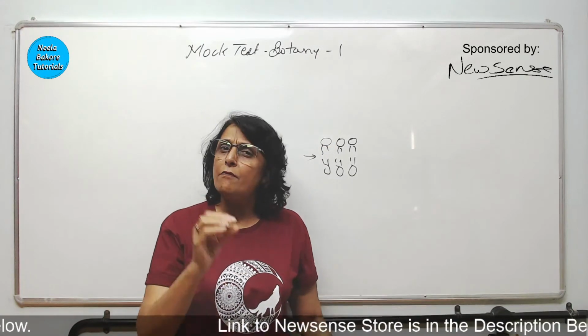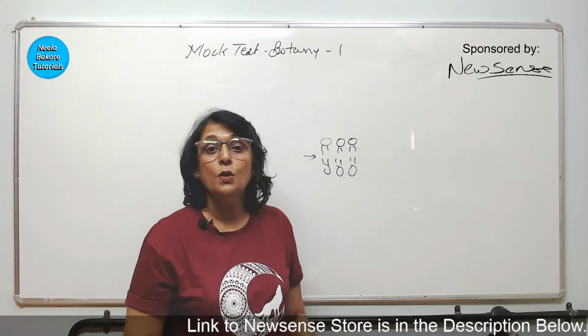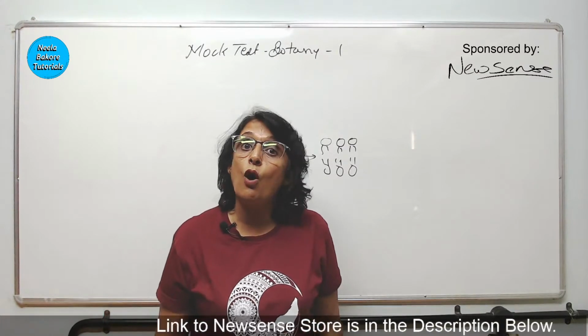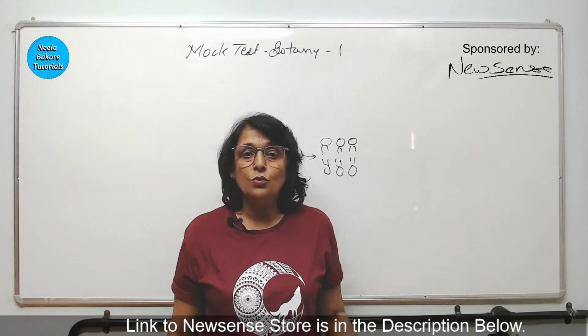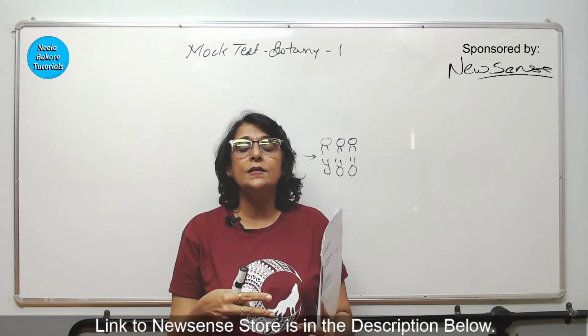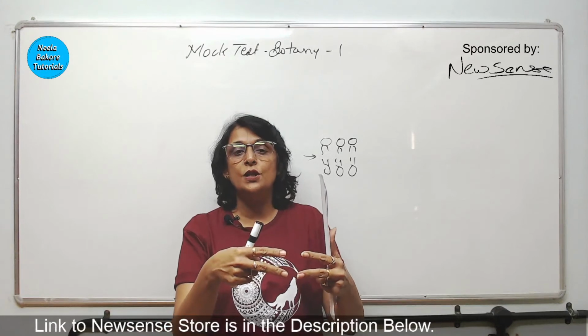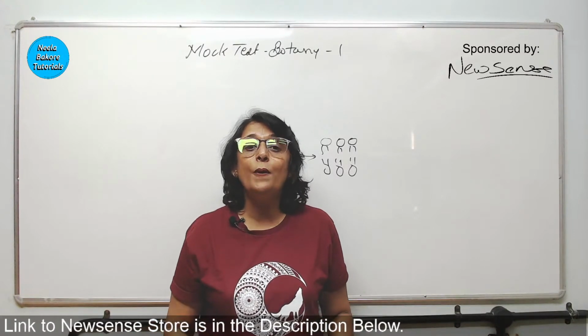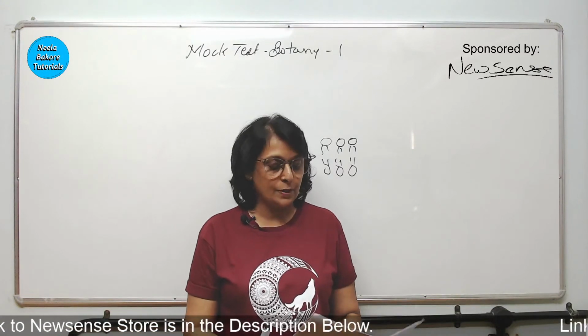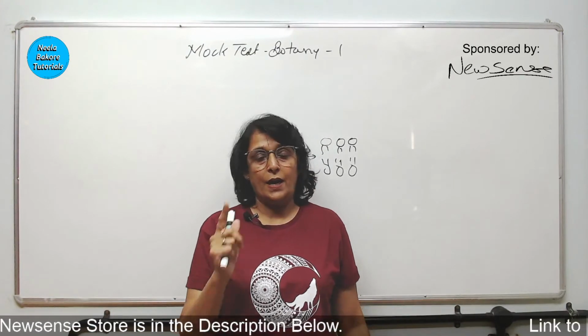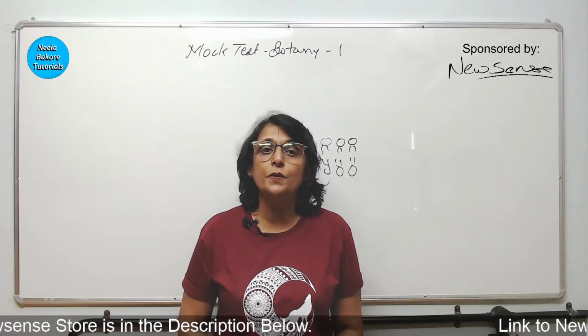So there is a weak force of attraction which is known as van der Waals force. So these two phospholipid layers are held together with their tails pointing towards each other because of weak van der Waals force.